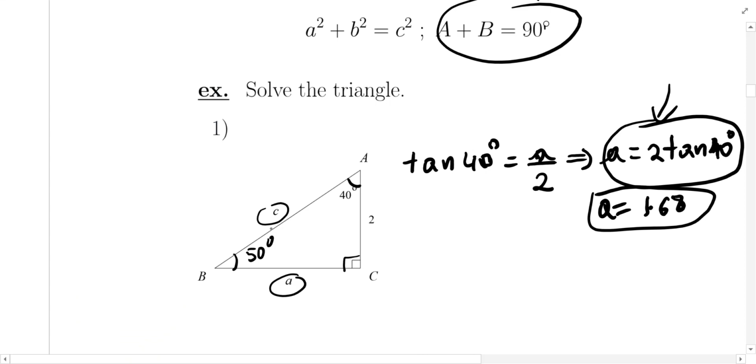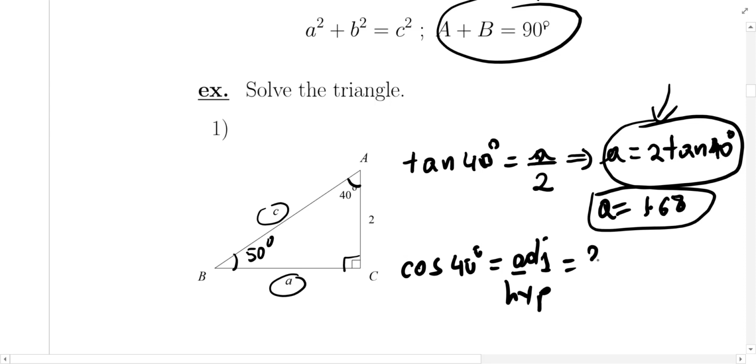And I also need something that involves C, the hypotenuse in this case. So I can do, let's pick, cosine of 40 degrees. The cosine of 40 degrees will be adjacent over hypotenuse.